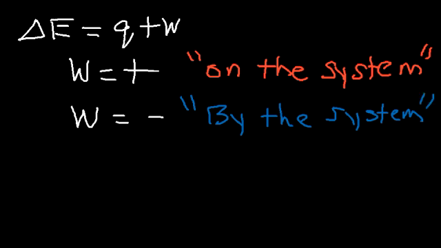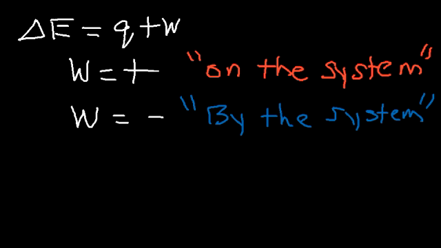Because W is positive, the internal energy of the system increases. Now, when work is done by the system, it must expend energy, or it has to use up energy to get something done. Whenever you want to get something done, you have to burn calories to do work. So when the system is doing work, or when work is done by the system, W is negative because it's spending energy to do work. So that's why the internal energy of the system goes down.